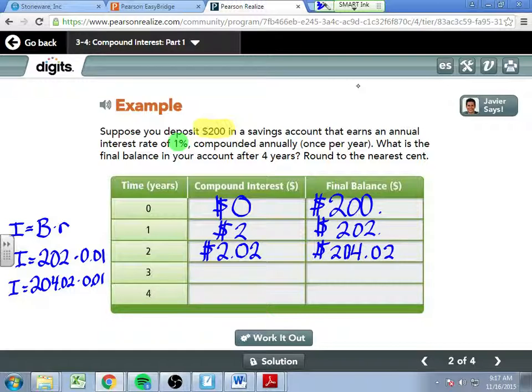To see 1%, we can just move my decimal over 2 places. So now the interest earned is $2.04. Add that with the previous balance, we get $206.06.